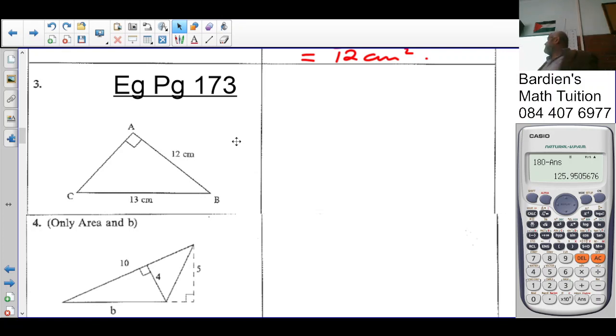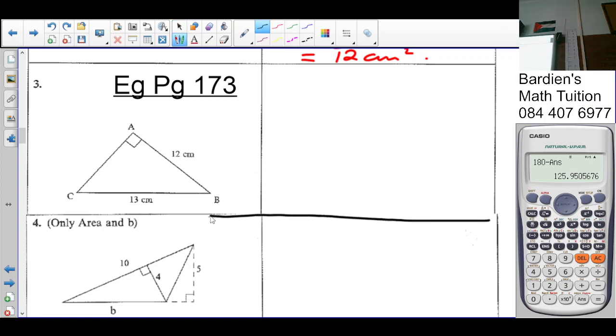Okay. Number 3. What do I need? I need AC. So what am I going to use? Pythagoras. Not so. So I say 13 squared is equal to 12 squared plus AC squared. The reason is Pythagoras, with angle A equals 90. Okay.